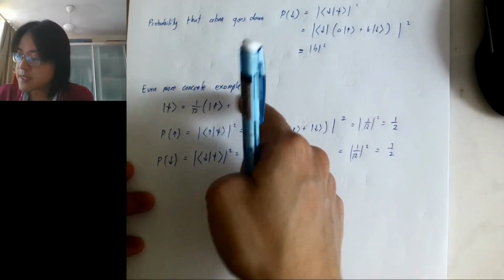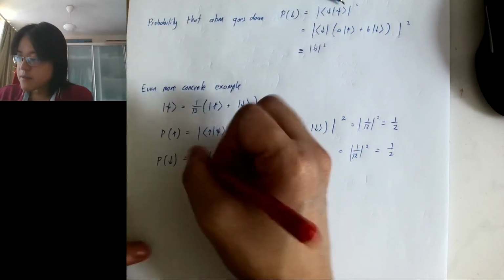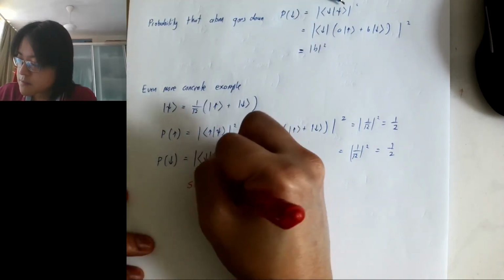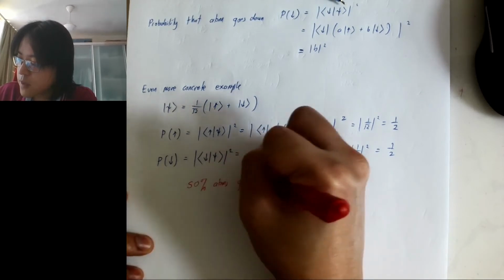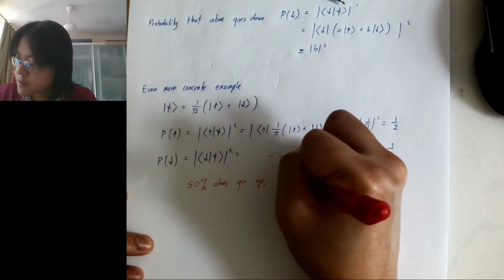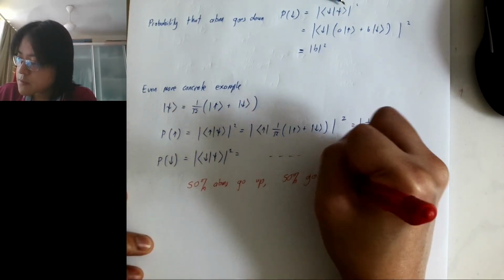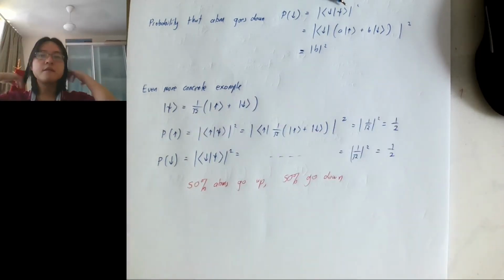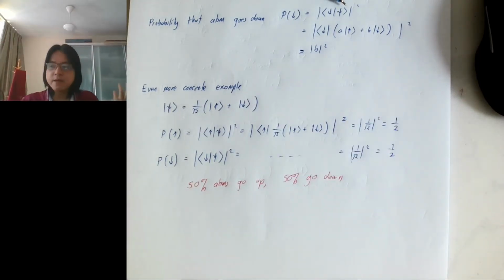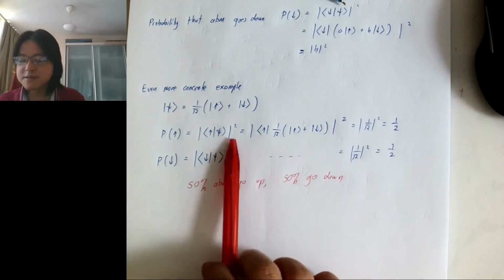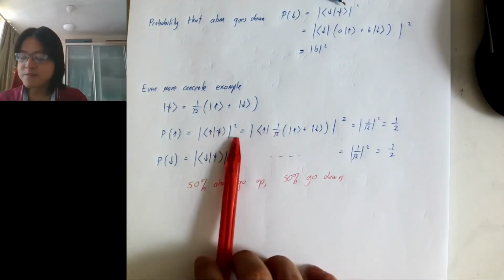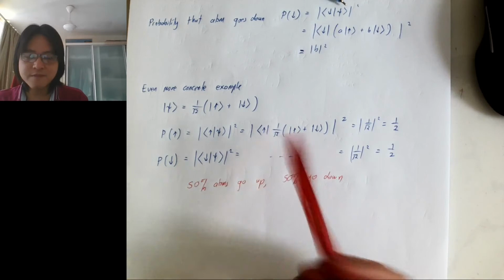So for this example, 50% of atoms go up, the other 50% go down. That is what we mean by the probability. At first when we started doing this, maybe it felt a bit abstract, like what's going on.